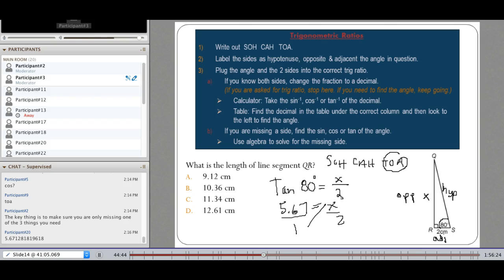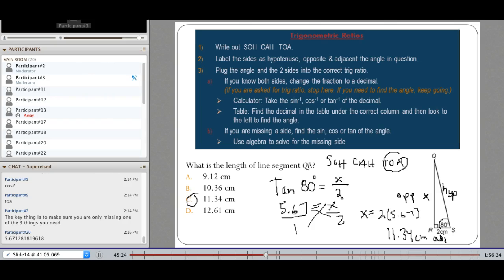Now we can cross multiply, and we get 1x equals 2 times 5.67. So when we multiply this out, we get 11.34 centimeters. So C was the answer here. It looks like 5 of you have C as your answer. But please let me know if there are any questions.